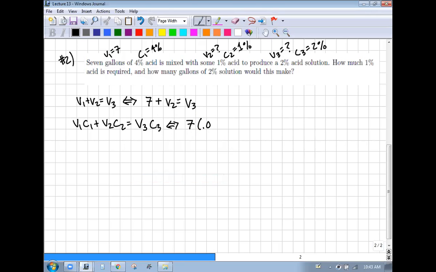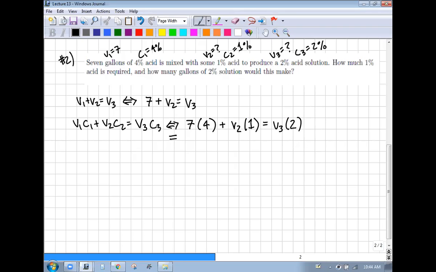I'm just gonna put 4, and it's assumed that we have percentages in there, because if there's percentages here and percentages here, you can just divide out that percentage symbol across the board. So V2 is unknown, but C2 is 1%. V3 is unknown, but C3 is 2%.